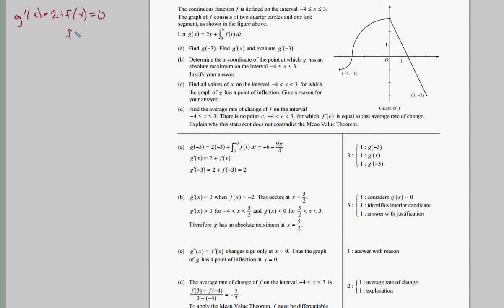So I'm looking for where f is equal to -2. And I also need to look for where f is undefined. And so if I look on this picture, -2 is down here. And so we can see at this x value right here is where my derivative is equal to 0.